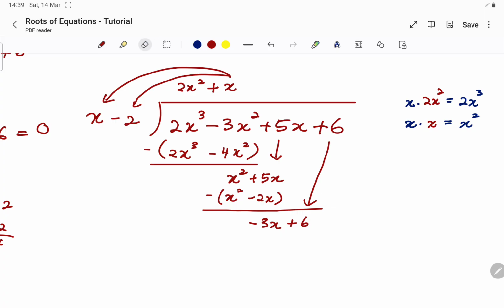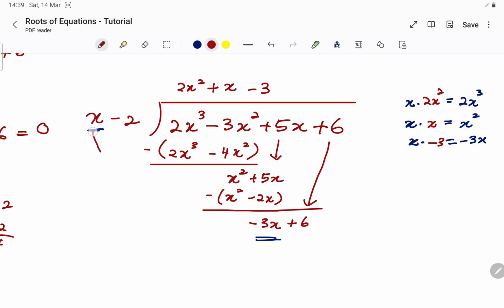Now we proceed again, where we check what we multiply with x to get negative 3x. It is negative 3, so you put negative 3 on top. Then we multiply each of the terms. Negative 3 multiplied by x gives negative 3x.